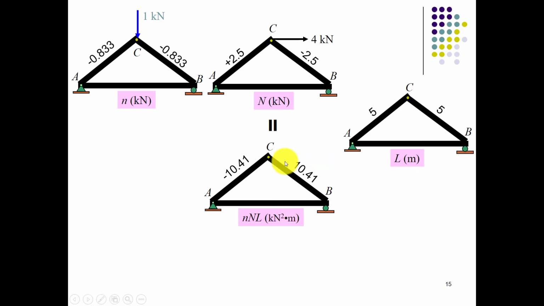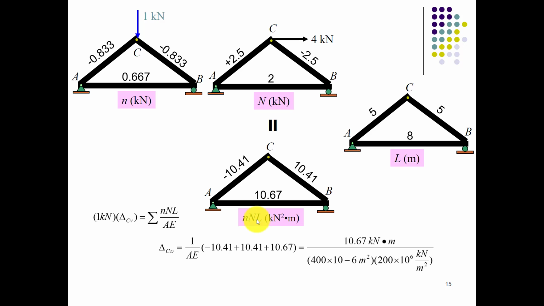Then you will multiply the length of the members, then the equation would be like this, and you will compute the N into L component into the equation, and the value of delta C at point C would be calculated as 0.133 millimeters.